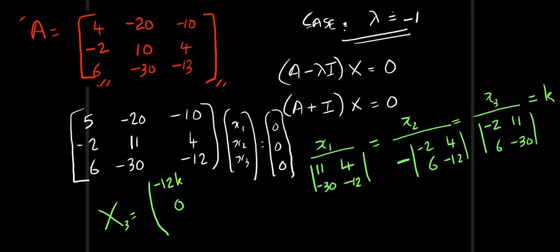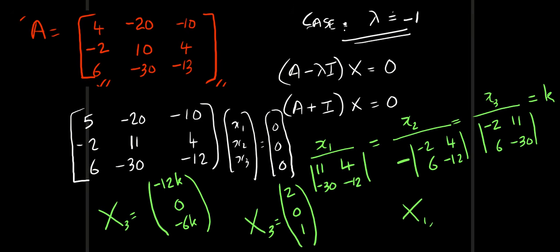And finally 60 minus 66, and that will be minus 6k. So x3 is equal to the system of vectors parallel to 2, 0, 1. Okay, that's it. So we found the eigenvectors x1, x2, x3.